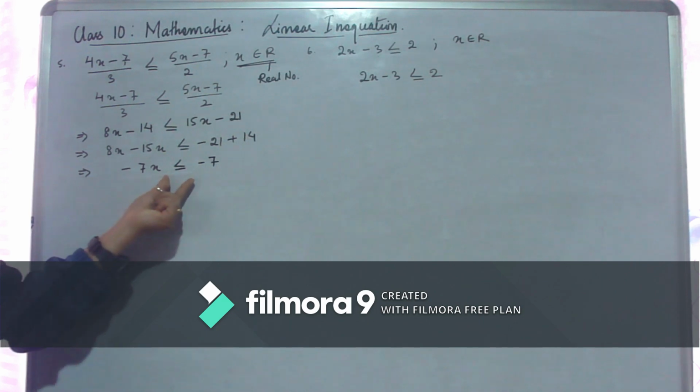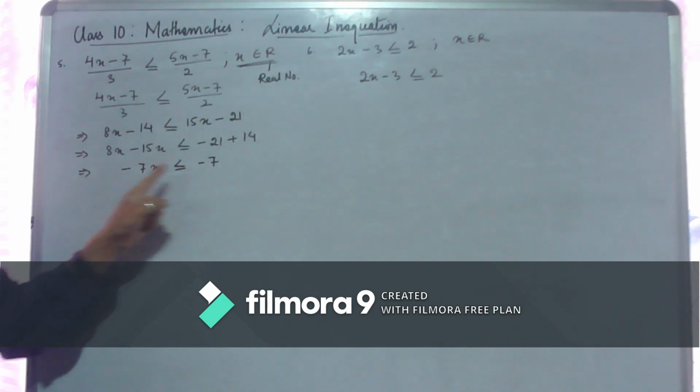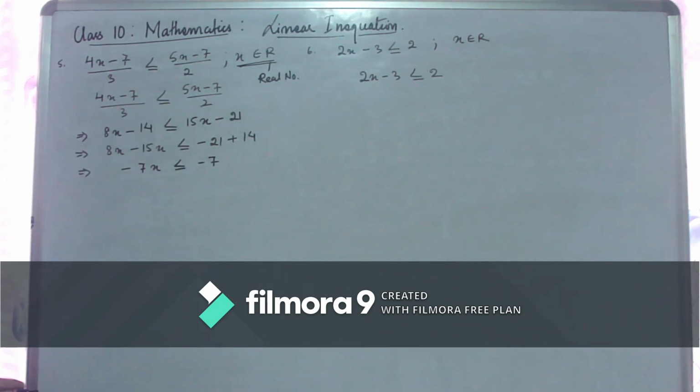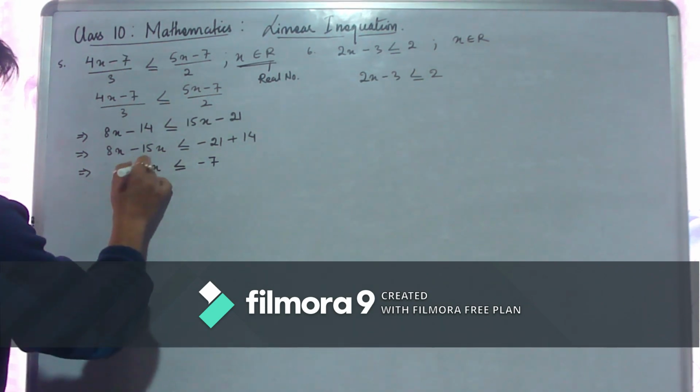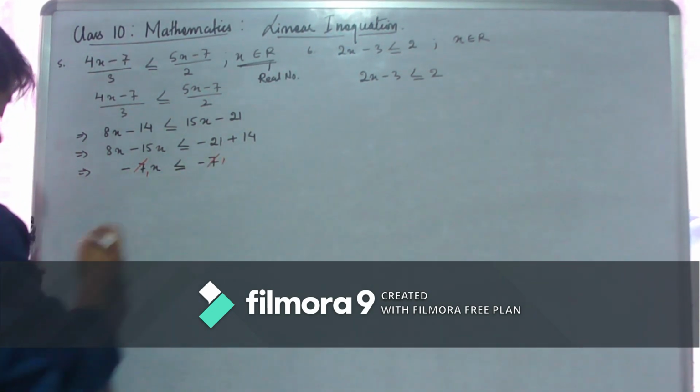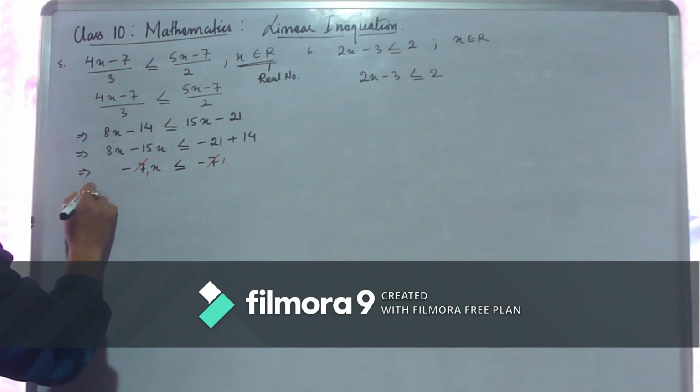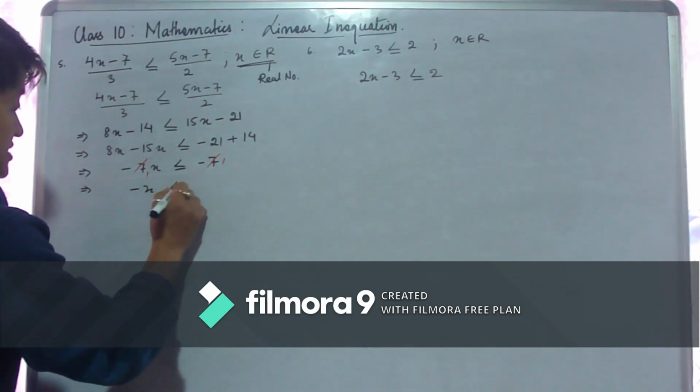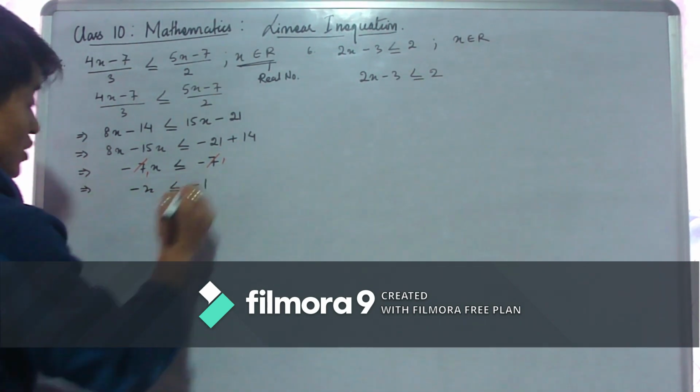Since we are solving an inequation, we cannot cancel x, but we can cancel 7 here. This can be written as minus x is less than or equal to minus 1.